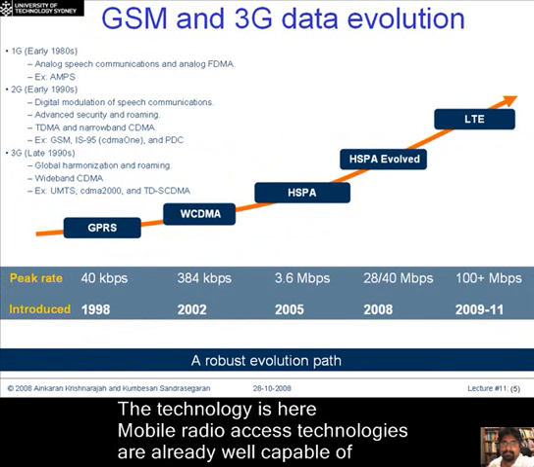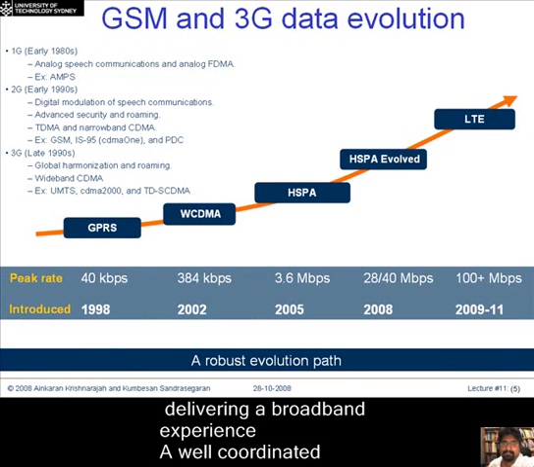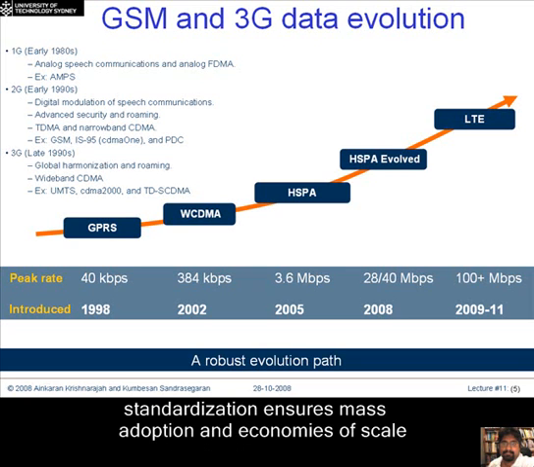Okay, what is the main reason for this evolution? Well, it is data rates. With time, if you look back to GPRS rolling out in 98 or 2000, it could give packet switched data rates of 40 kilobits per second maximum, and with wideband CDMA maximum probably about 384 kilobits per second.